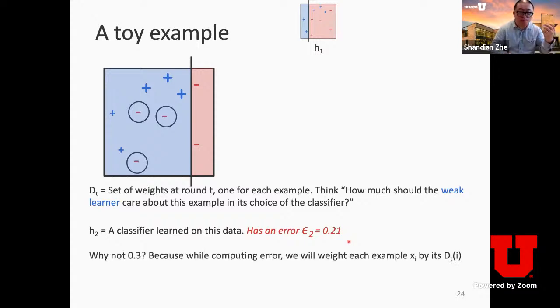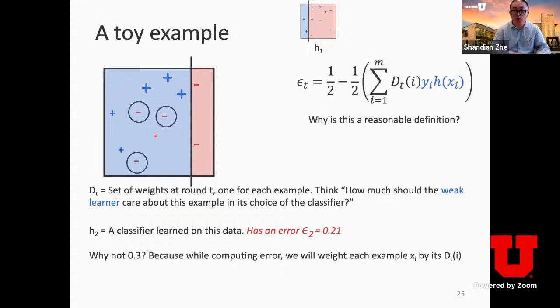And in general, how do we compute the weighted error? So here's the formula. We just need to go through all the training examples. Jared, I'm going to answer your question after we talk about the definition of the weighted error, how we compute the weighted error.